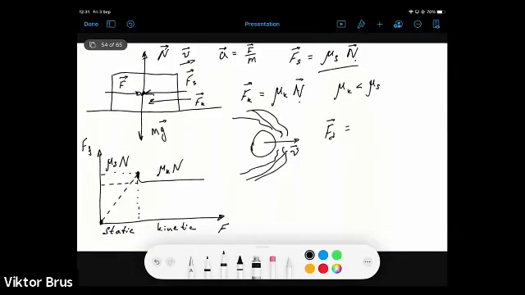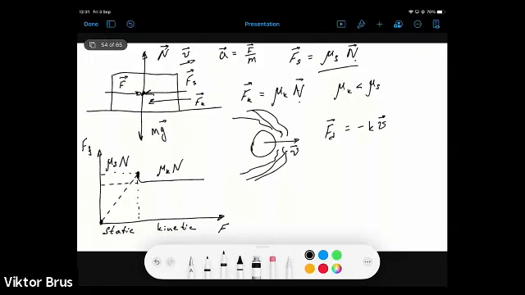So this will be equal to minus k times v. As you see here, we also have some coefficient of proportionality, which will define the surface properties of the ball, and also viscosity and other characteristics of the environment where it moves, like in this particular case our atmosphere.